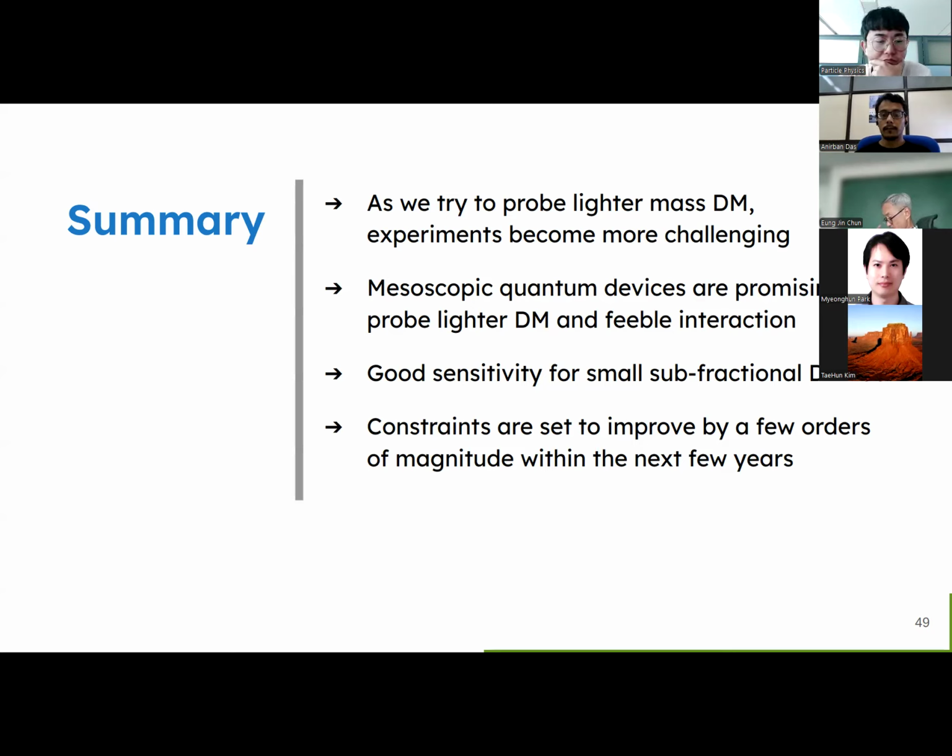And as I said, the sensitivity is also very good for subfractional dark matter, when the dark matter in question does not form 100% of the cosmic density. Realistically, in the next few years, we can expect to improve the limits from this type of experiment by maybe a few orders of magnitude.